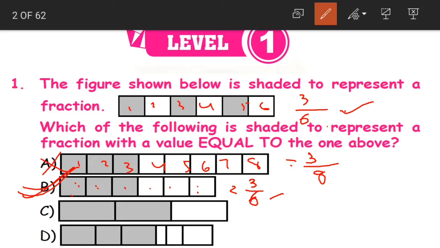If you look at option C and D, here in option C, the fraction will be 2 by 3, that is 1, 2 divided by 3 total parts. And option D, we cannot write the fraction, children. Can you tell me why we cannot write the fraction for this?